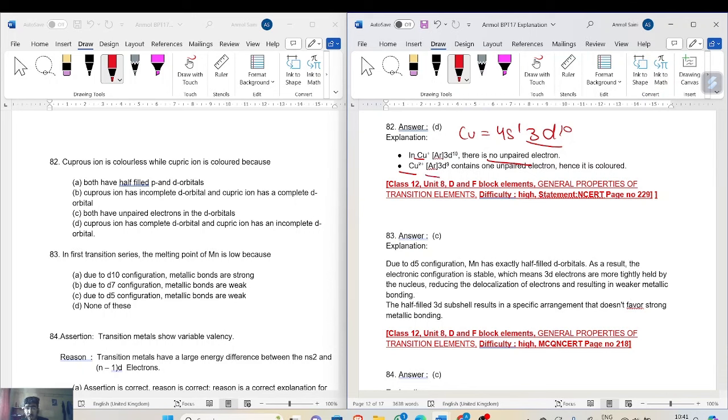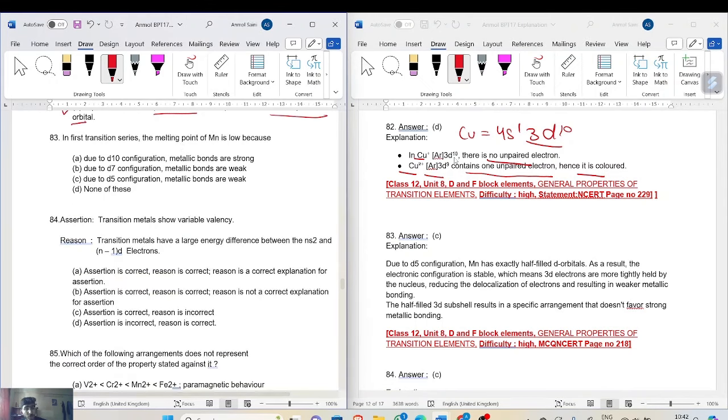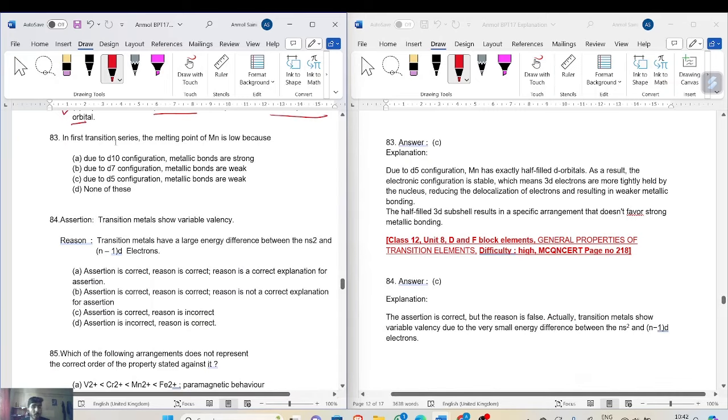So the electronic configuration will become argon, then 3d9. So it will have one unpaired electron, so it will show color because that unpaired electron can go under dd transition and show color. So the correct answer will be cuprous ion has complete d orbital and cupric ion has incomplete d orbital.